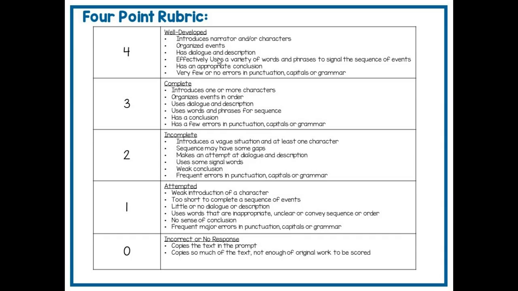Did I introduce the characters? And you go through each one of those bullet points and check off. If you feel like you did not, you need to be honest and say, I think I have a weak introduction of characters, or it's too short to complete a sequence of events. 1 to 2 sentences is not a successful writing piece.